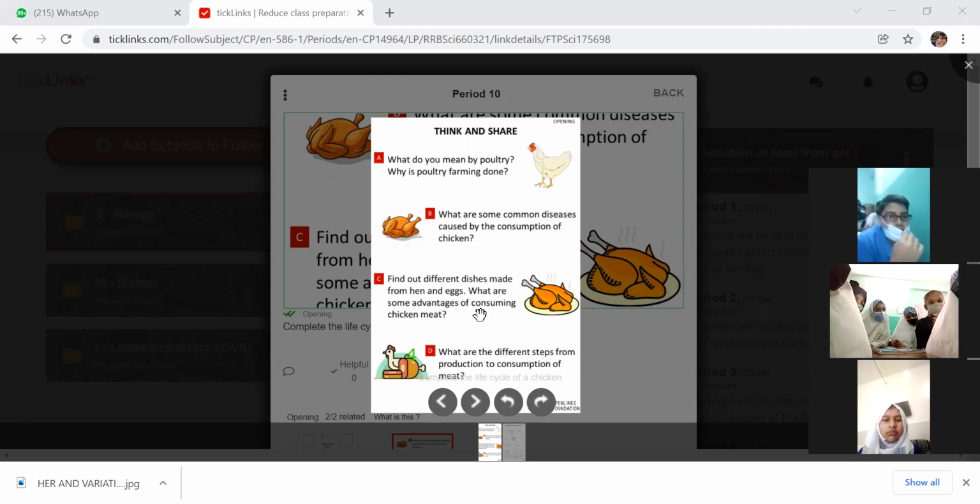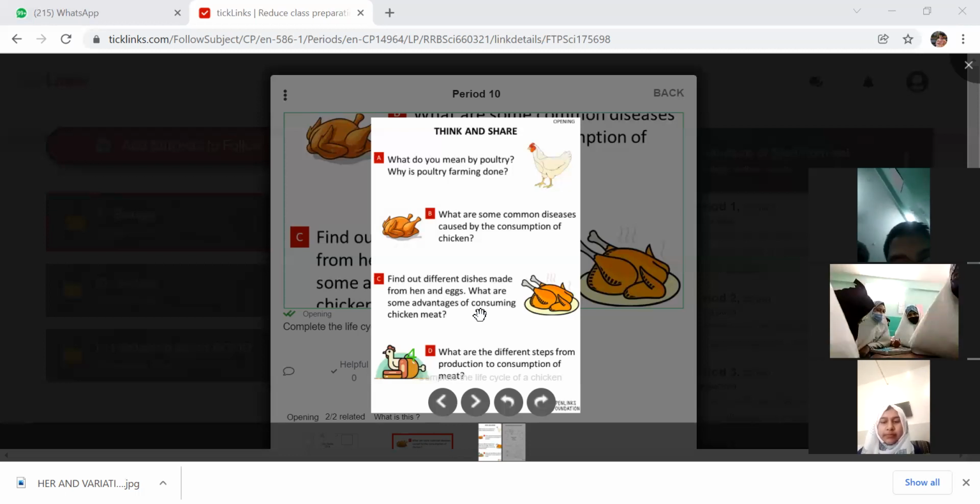Egg fry, ma'am, chicken 65, chicken garlic. Wow, wow, wow. So you know that egg. And what else? Only egg fry, or any other things that you can make from egg? Any sweets you can make out of egg? Sweet dishes? Egg pakoda, ma'am. Yes.